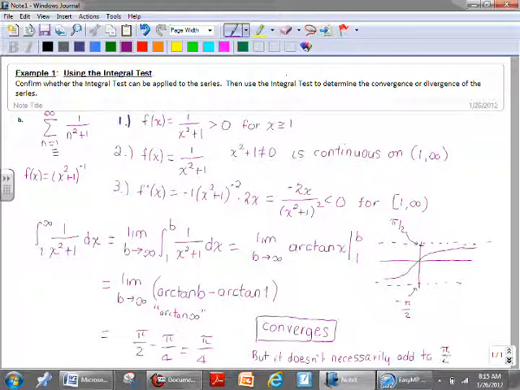In fact, this particular series probably doesn't add to pi over 4, and it really is a little bit beyond the scope of the class that I teach to allow us to add this particular series. So we're just left with the fact that it converges, and it's a mystery what it converges to.